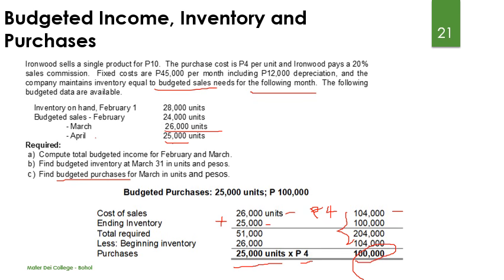If you're going to ask, why is it the same answer with the previous one? Since this is reselling, okay, if you can observe, they do not have any given for the conversion. Most likely, the purchases would be the same as the inventory end. And remember that the inventory end is equal to the next month's sales. These are not multiplied by 2 or multiplied by 3 and so on.